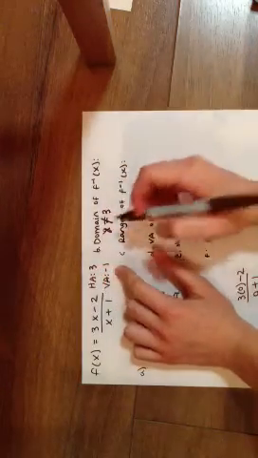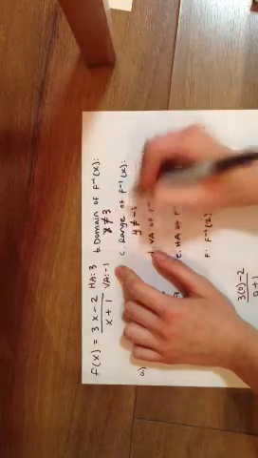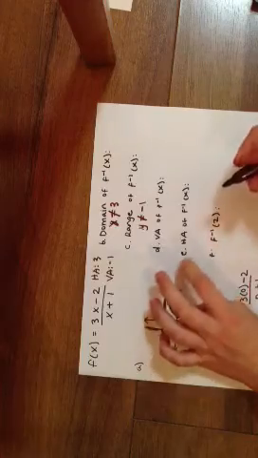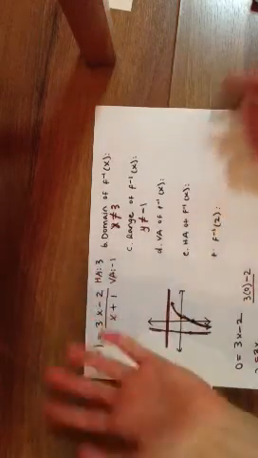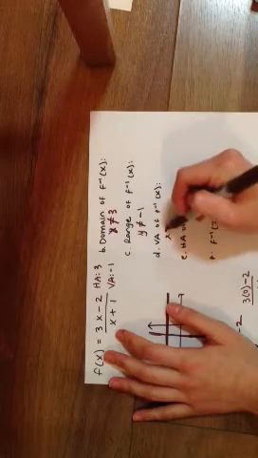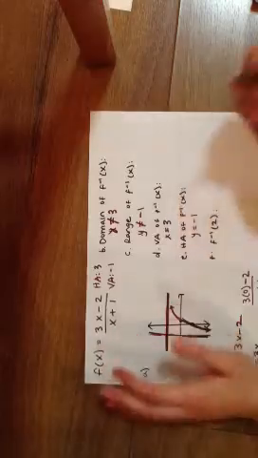And then this would be y cannot be equal to -1. The same goes for your vertical asymptote and your horizontal asymptote. You just switch them because they're inverses. So it would be x equals 3, y equals -1.